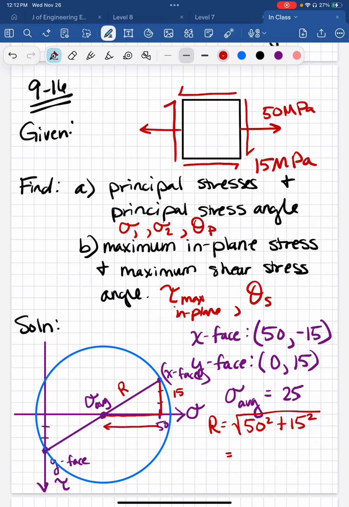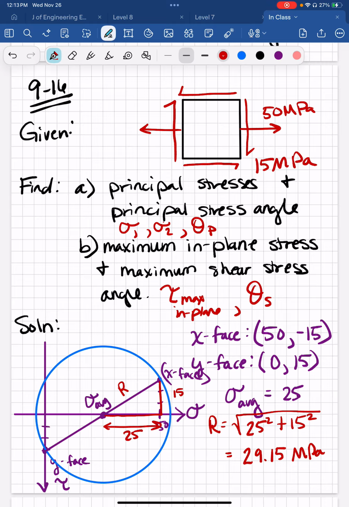This distance here would be 25. Glad I caught that. So the square root of 25 squared plus 15 squared gives us 29.15 megapascals.